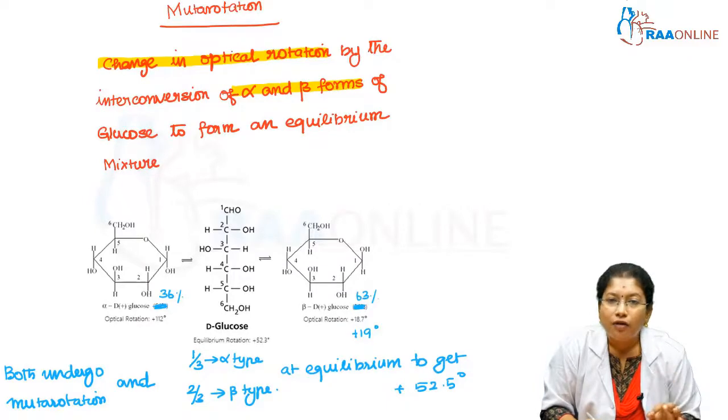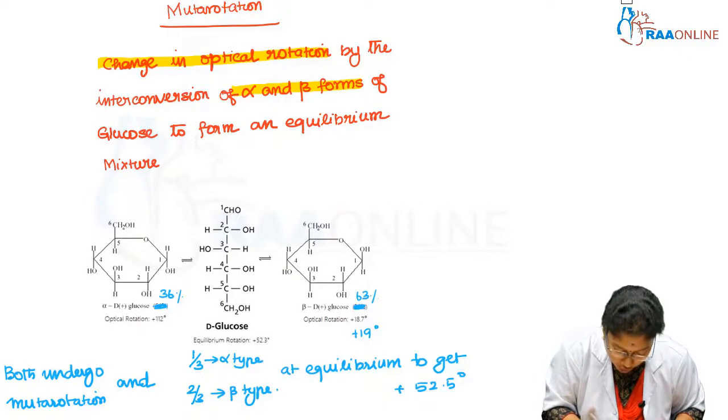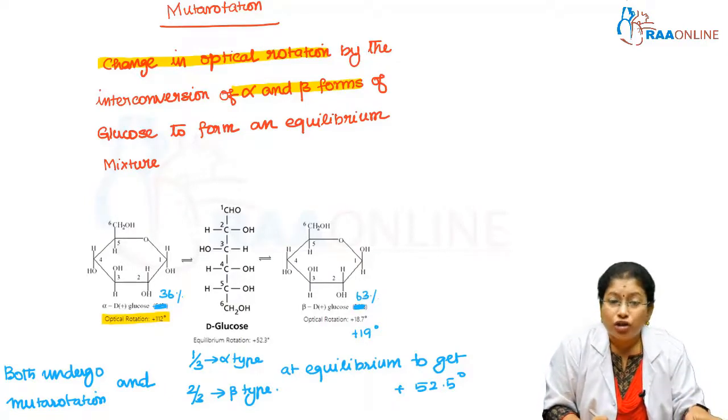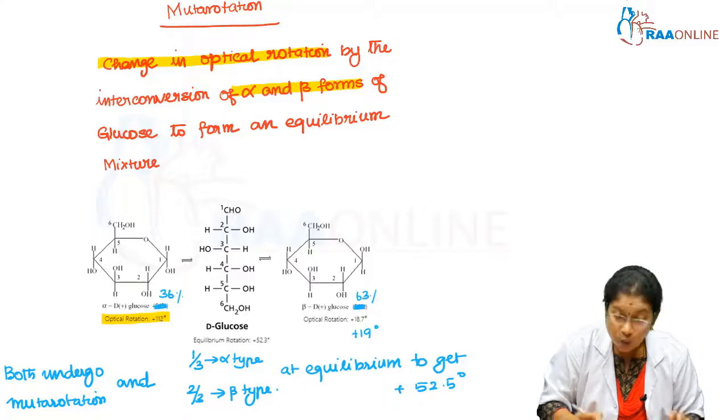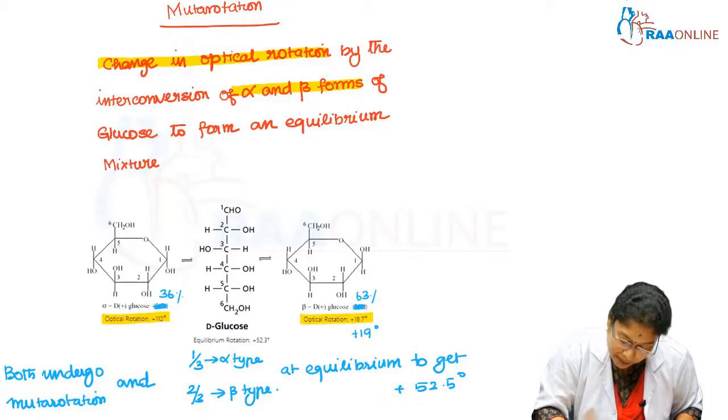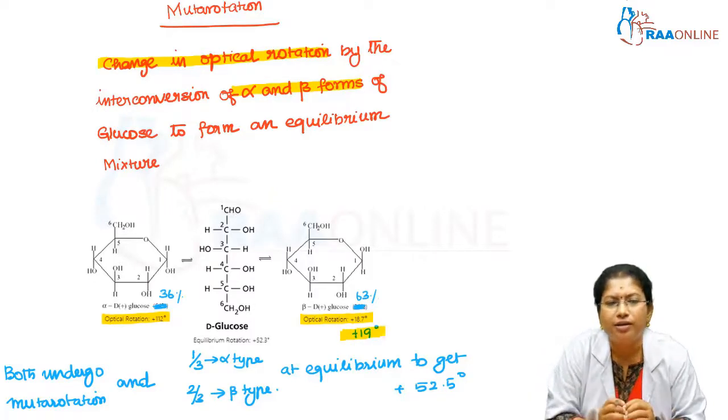When the alpha form exists in the solution, it gives an optical rotation of plus 112 degrees. When the solution contains only the beta form, the optical rotation is approximately plus 19 degrees.